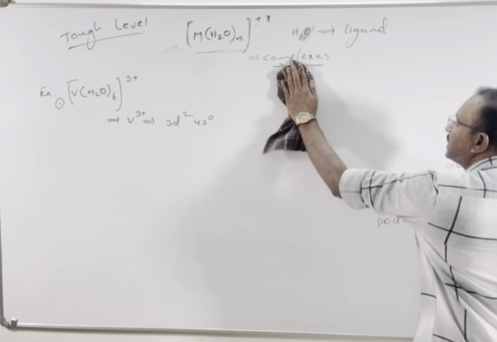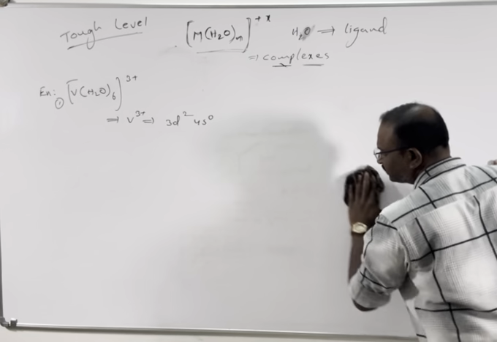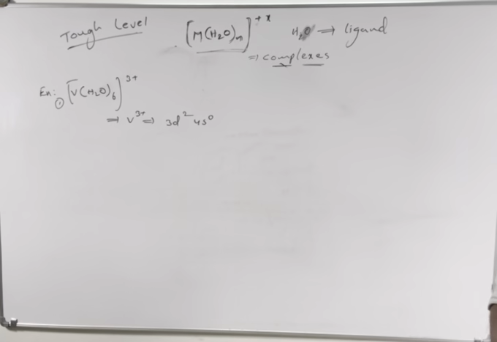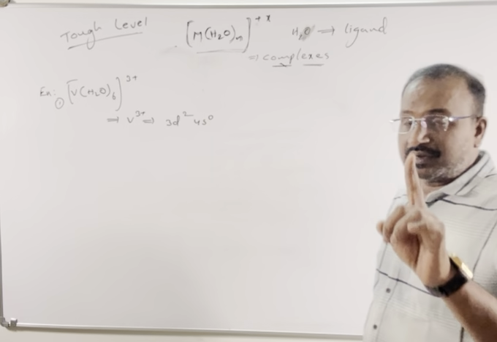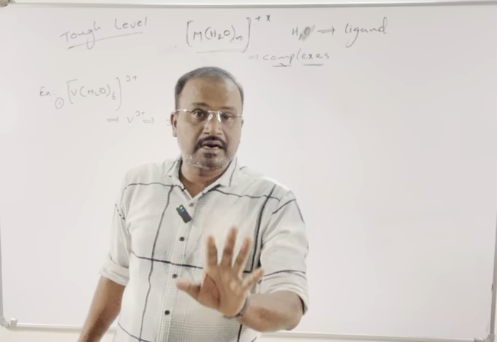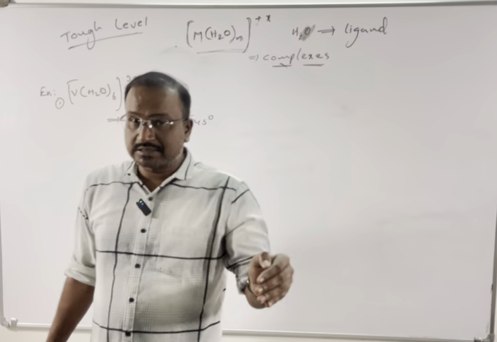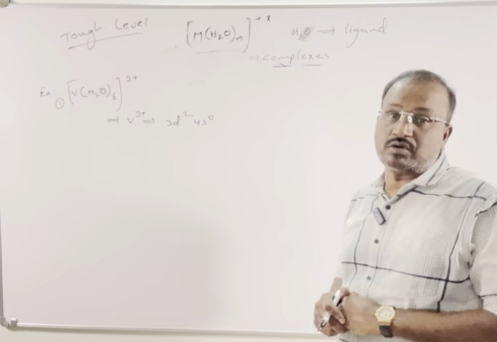Here its coordination number is 6, because transition elements can extend their coordination number up to 6 due to the presence of d orbitals. Remember, they cannot accept more than 6 ligands; they cannot form more than 6 bonds, because they cannot accommodate more than 6 ligands around them.